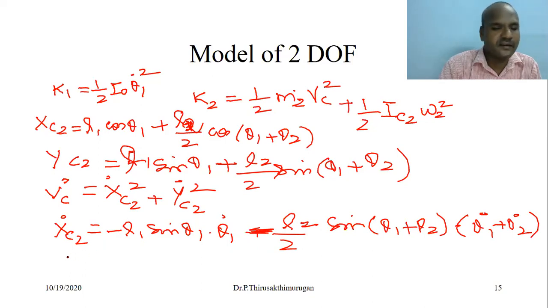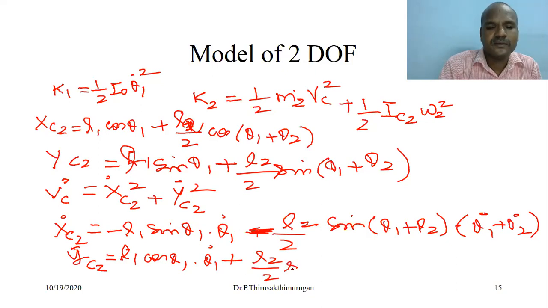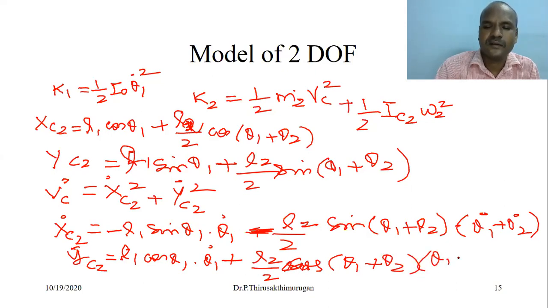Similarly, YC2 dot equal to L1 cos theta 1 into theta 1 dot plus L2 by 2 cos of theta 1 plus theta 2 into theta 1 dot plus theta 2 dot.